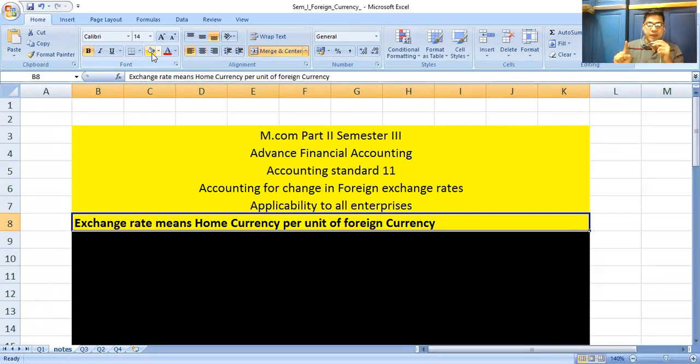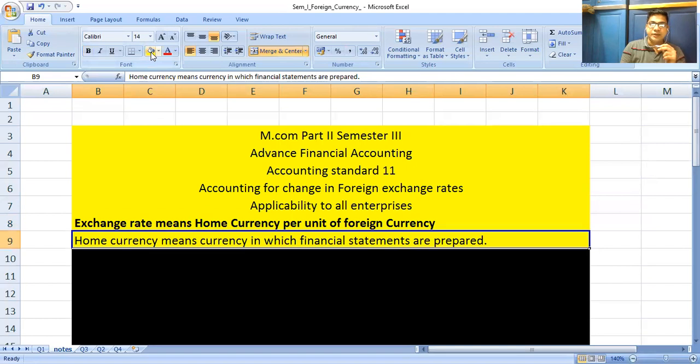If you want to buy $1, you should pay 74 Indian rupees. It means if I want to take $1, I have to pay 74 rupees. So this is the home currency per unit of the foreign currency. It is called an exchange rate.